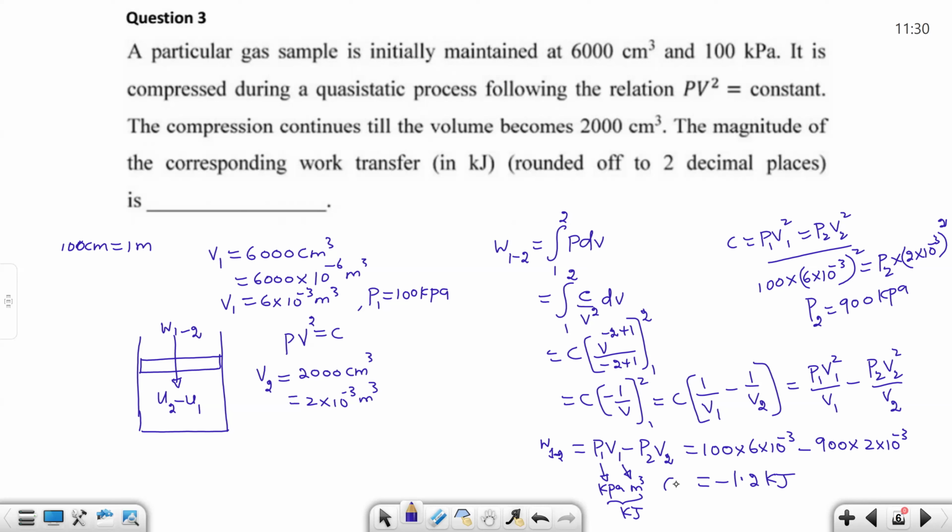This negative sign indicates that the work is given into the system, because integral PdV will give you a positive sign if the work is coming out of the system. Since work is going into the system, or it is compressing the gas, the sign is negative. So the answer is 1.2 kilojoule.